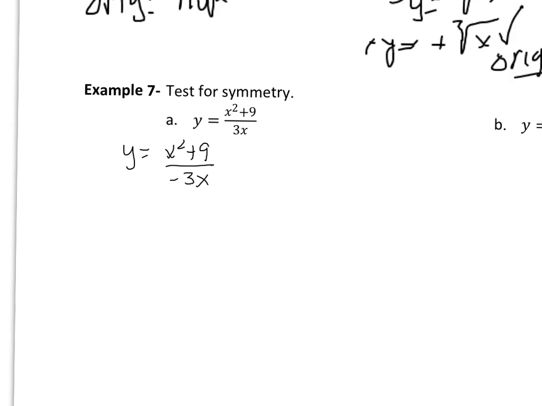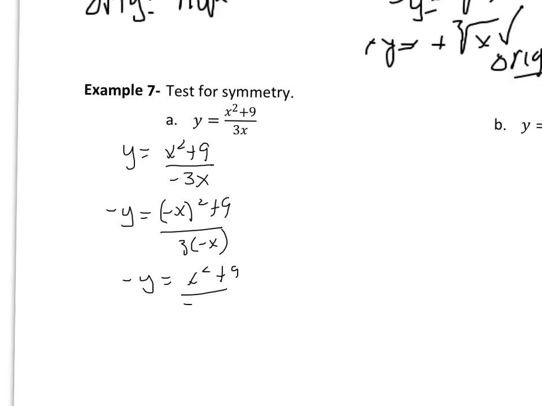Let's see. So we get negative y equals negative x squared plus 9 over 3 times negative x. So what does that give us? Negative y equals x squared plus 9 over negative 3x. I can cancel those out.